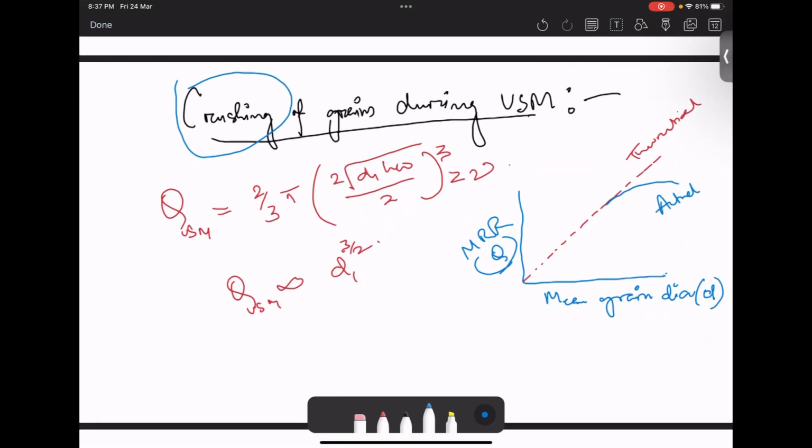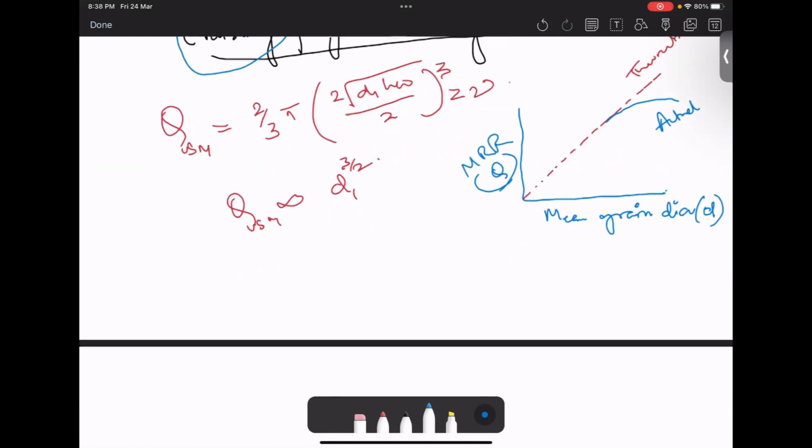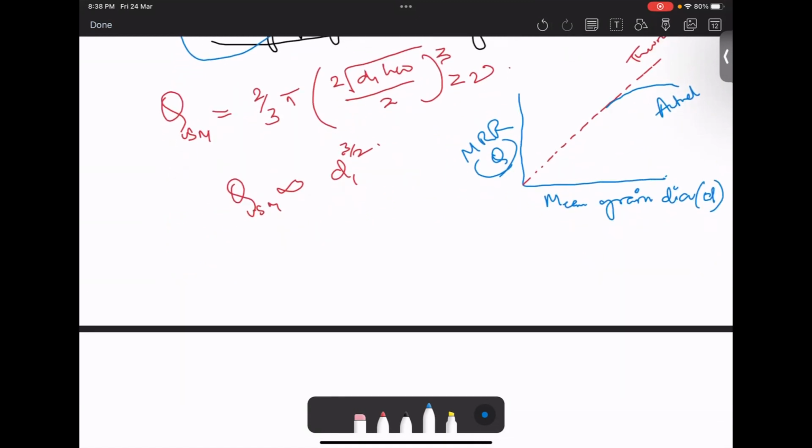you can have one more such thing coming into picture when you look at the variation of MRR with increasing feed force of the tool on the grains.